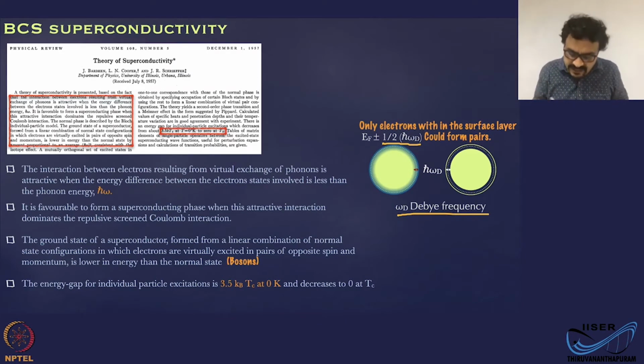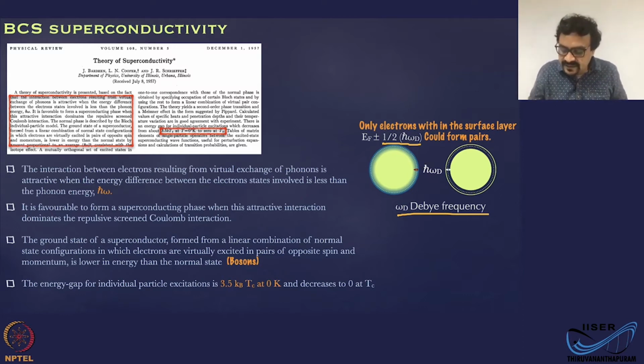So the energy gap for this single particle excitation, that is how much energy you need to supply to break this pair, these Cooper pairs, is given by 3.5 kB Tc at 0 Kelvin.